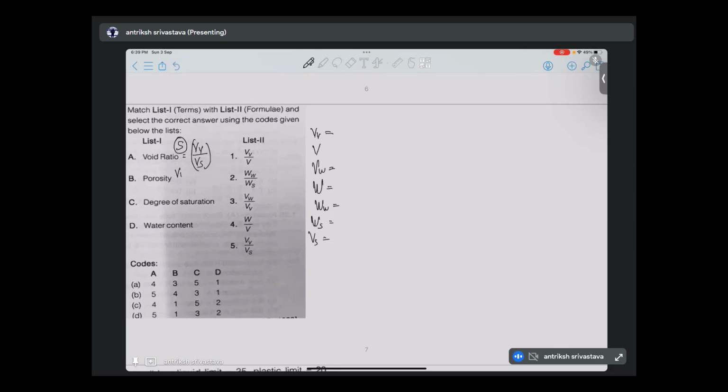Porosity is volume of void by total volume, so this will be 1. Degree of saturation is volume of water upon volume of void, so this is 3. Water content is weight of water by weight of solids, this is 2. So 5132. Do we have that option? 5132. Correct.